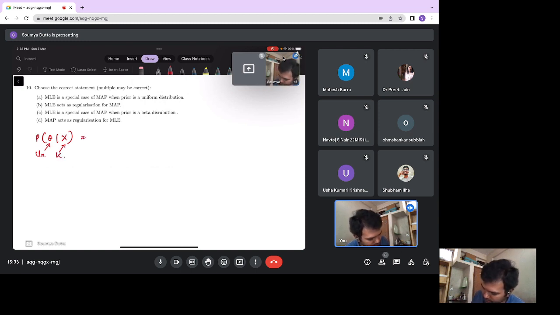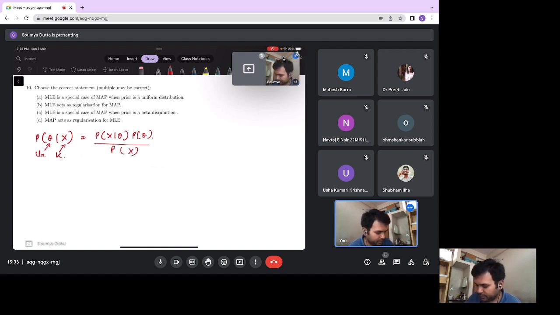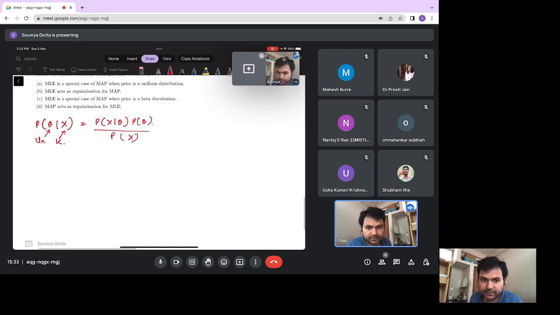Now by Bayes rule, and I hope everybody is aware of the Bayes rule, this becomes p of x given theta, and so on. Now your unknown is only theta. Your unknown is not x. X is given to you, and therefore you don't need to consider the denominator term. You just need to consider the numerator.